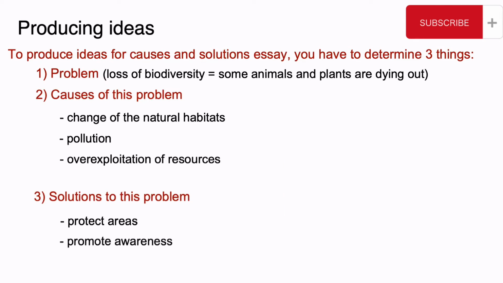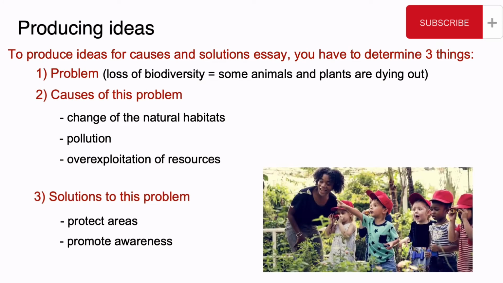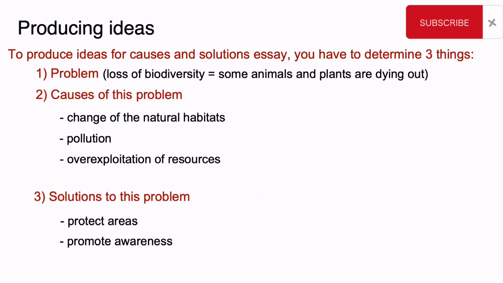And solution 2 is to promote awareness. So, by informing the general population about the disadvantages of loss of biodiversity, we can encourage people to be more conscious of the environment. One or two solutions are enough for a good essay.